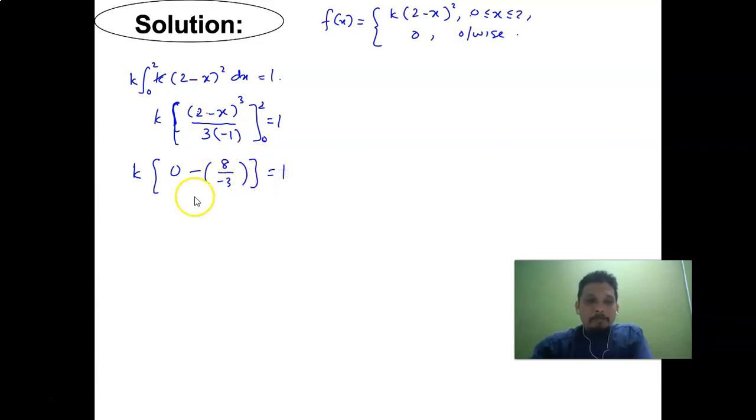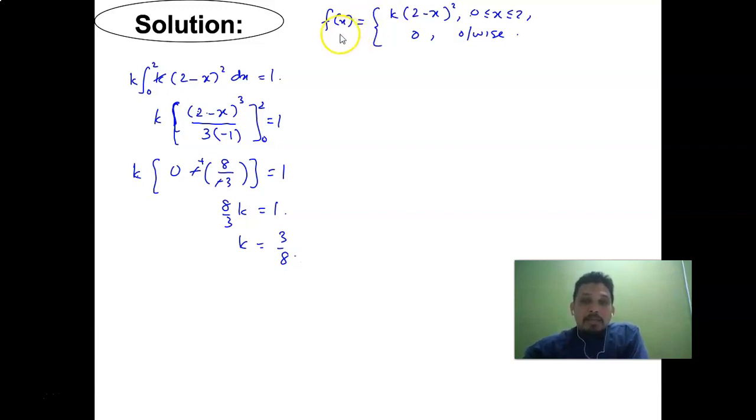Negative times negative is positive, so it is k multiplied with 8 over 3 equal to 1, then k equal to 3 over 8.